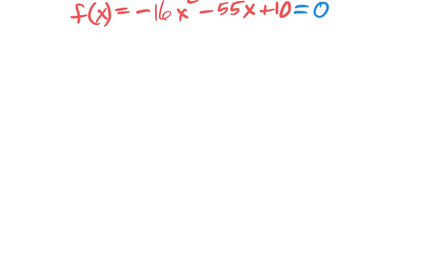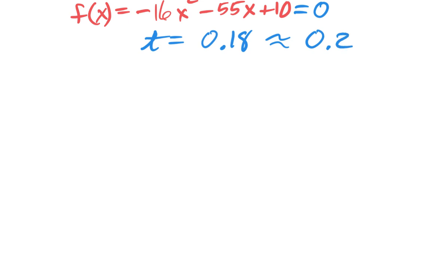So if you graph this and you look for your x-intercepts, you will have a graph opening downwards, and you will find that t, the amount of time, is somewhere about 0.18. We could round that up to 0.2 seconds.